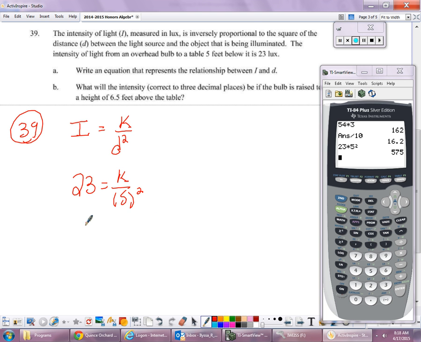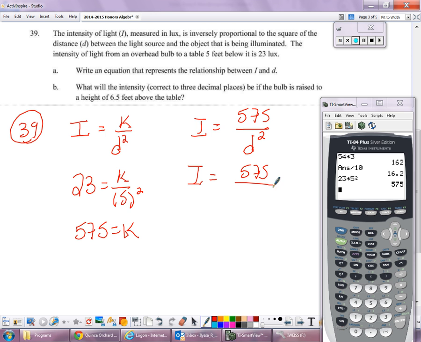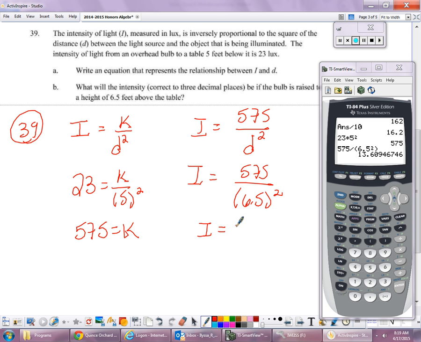Our k value is 575. What is the intensity if it is raised to 6.5 feet? So 6.5 is d. And 3 decimal places makes that 13.609.